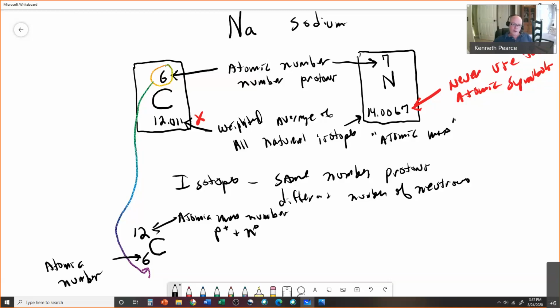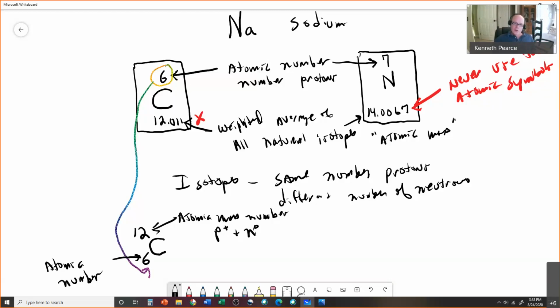It's called the atomic mass number because protons and neutrons come in counted quantities. You either have 1 proton, 2 protons, 3 protons, 4. Same with neutrons. You either have 1, 2, 3, 4, whatever, but it's a counted number. You don't have half a neutron or half a proton. It's an actual number, and you get that number by adding the protons, or the atomic number, with however many neutrons it has in it.